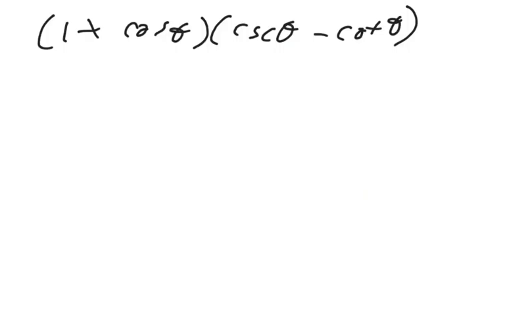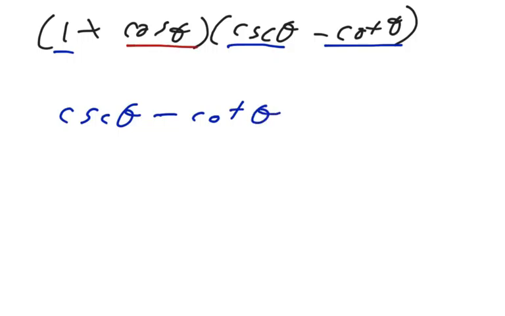Here's another simplified one. First, I'm going to multiply these together. So 1 times cosecant is cosecant theta. 1 times negative cotangent theta is negative cotangent theta. Then I multiply cosine, so we got plus cosine theta cosecant theta, and then plus cosine theta cotangent theta.